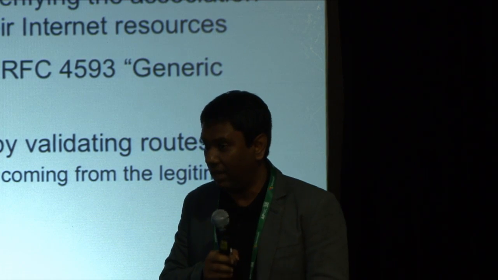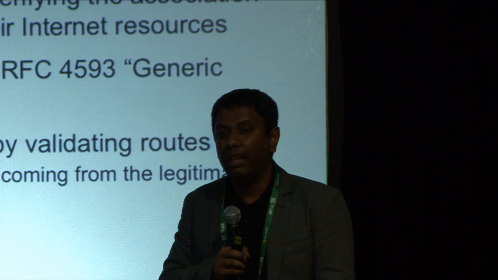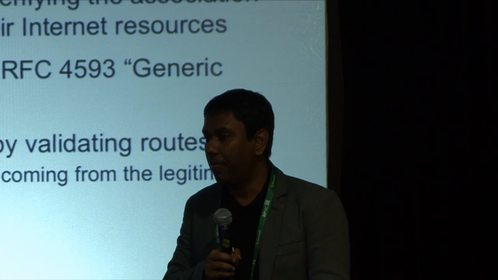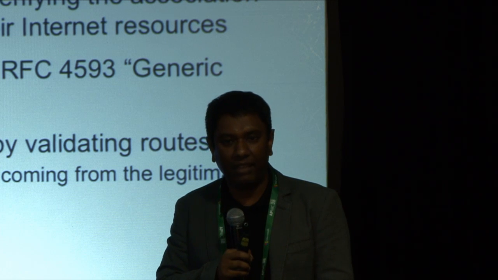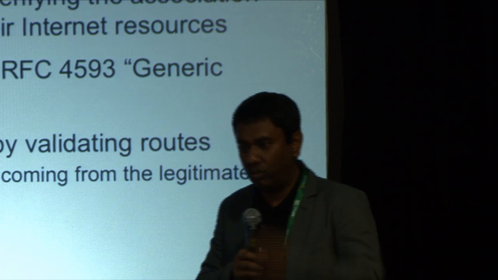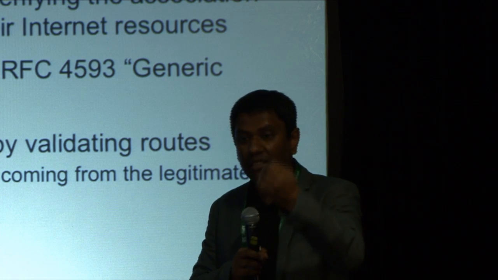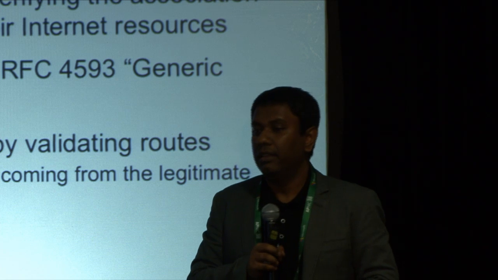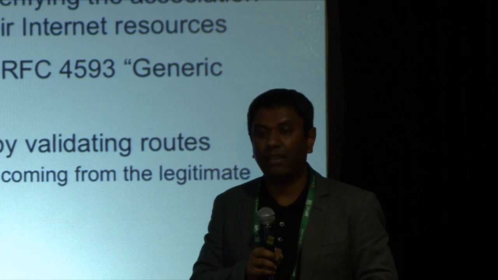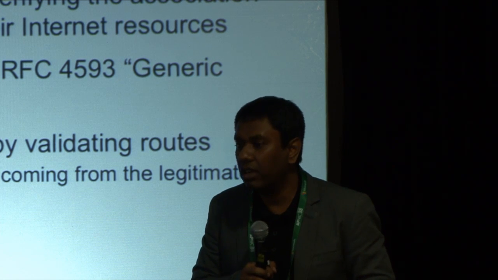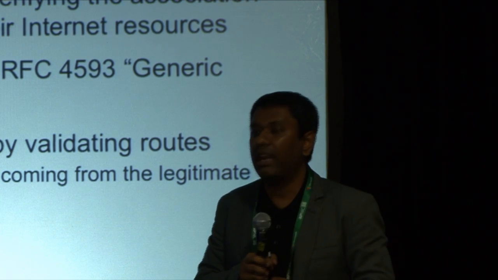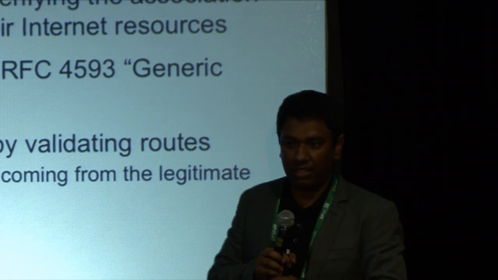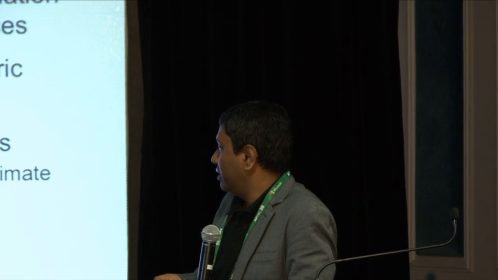That needs to be protected as well. So that is what we call AS path validation. When the prefixes are advertised through a number of ASes, if those trusts are built, then only the prefix will be accepted. If the trust has not been built, then it will not be accepted. This AS path validation is still under development in the IETF. But origin validation is already implemented and is available in products, Cisco or Juniper. We'll see that.